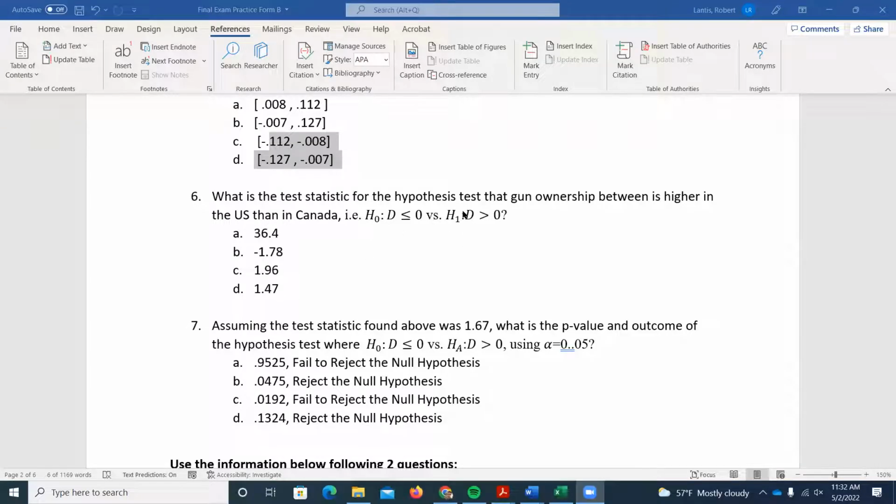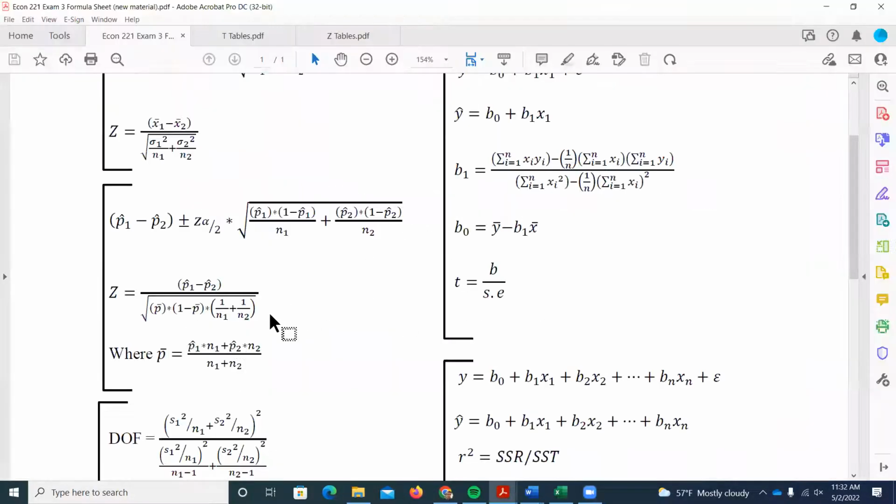Now the next step is I need to find my test statistic. If I look at my formula sheet, this is where I had to break it down into 2 steps. I'm not going to write all this out. I'm just going to explain it through and then explain some of the principles that would allow you to rule out some answers. US was group 1. You have US and Canada's proportions and their sample sizes.